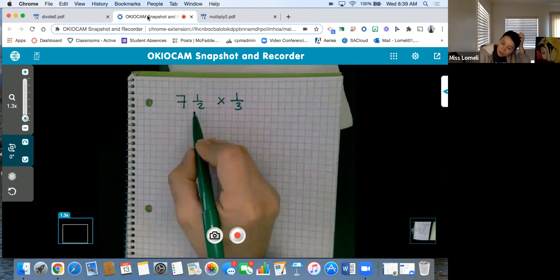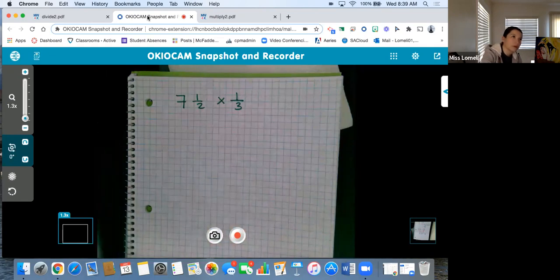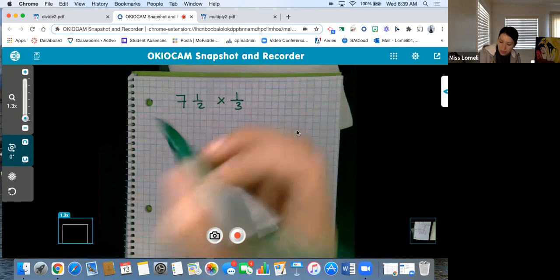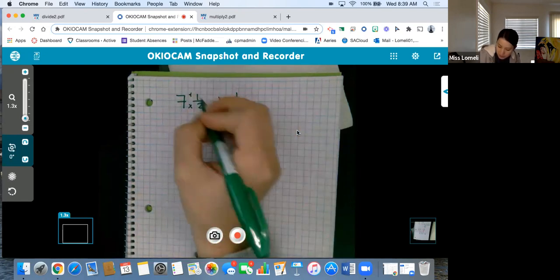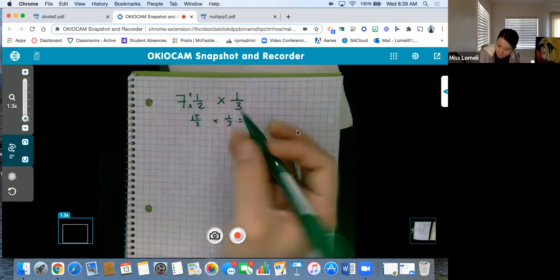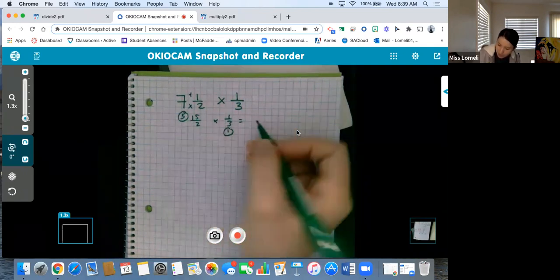So what we're going to do is multiply 7.5 times 1/3. A lot of times multiplication problems either sound like division problems or subtraction problems. And that's the number one thing that I feel kids mess up on. Even teachers mess up on. Not gonna lie. And simplify the corners.